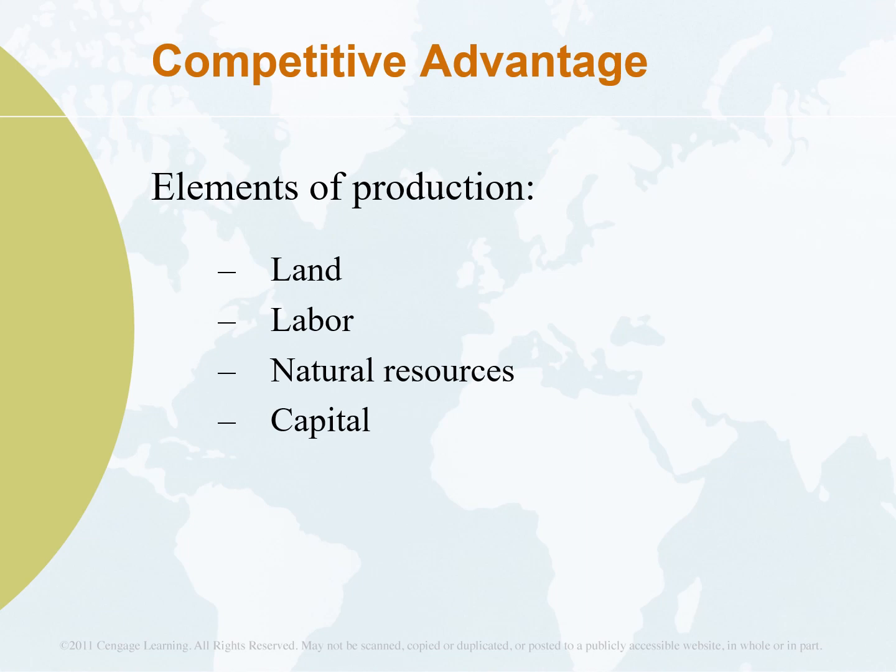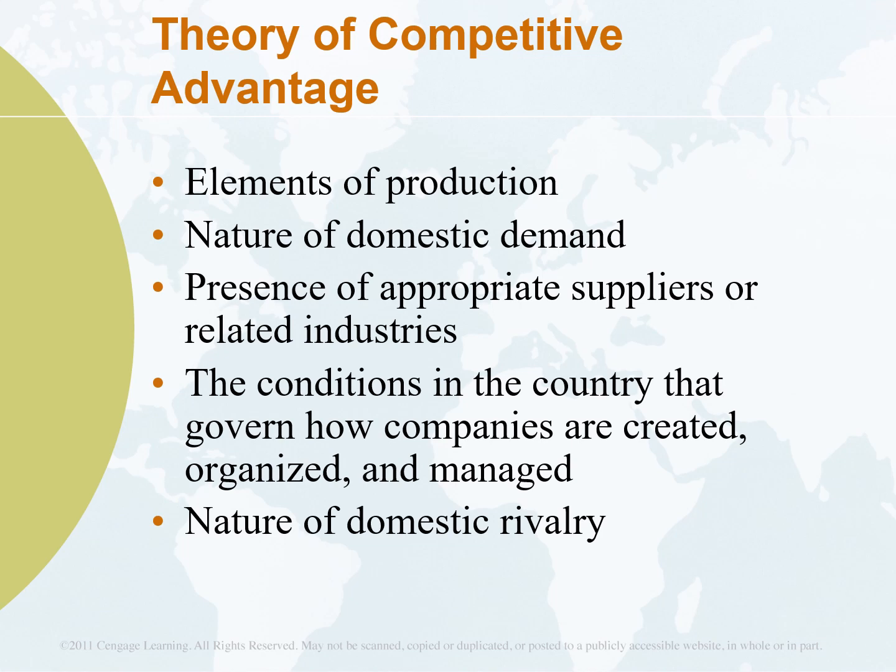Also from the theory of competitive advantage, make sure you understand the four elements of production: labor, land, natural resources, and capital. Okay, that's the elements of production. For the theory of competitive advantage, it depends on the elements of production.